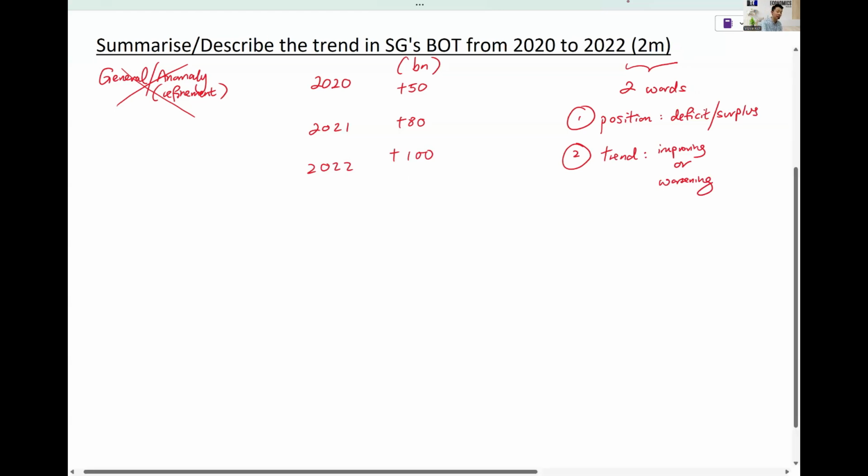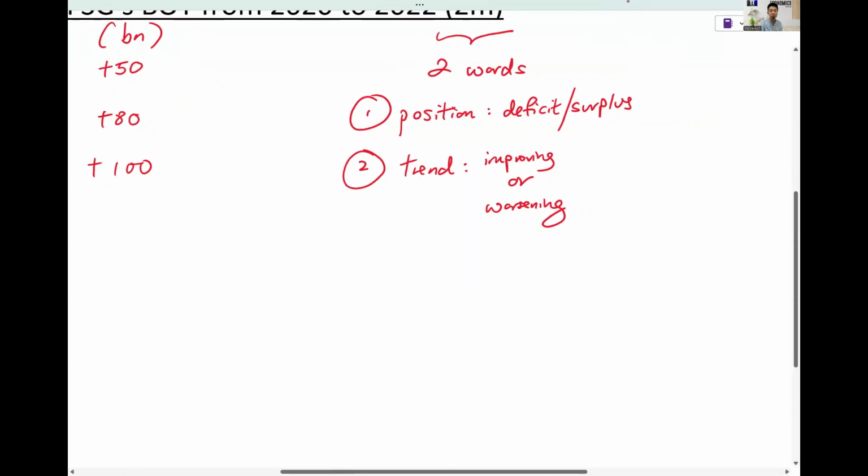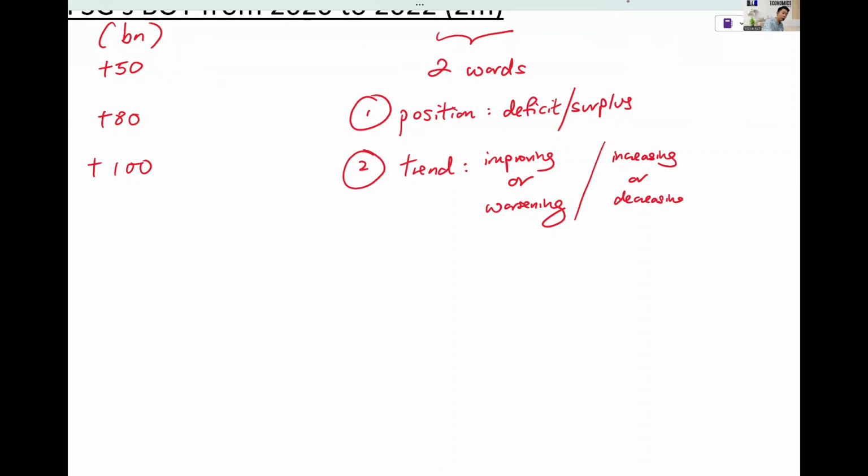Okay? Improving, worsening, or you could say increasing or decreasing, only if it's a consistent deficit or surplus. Okay? I'll add some details.